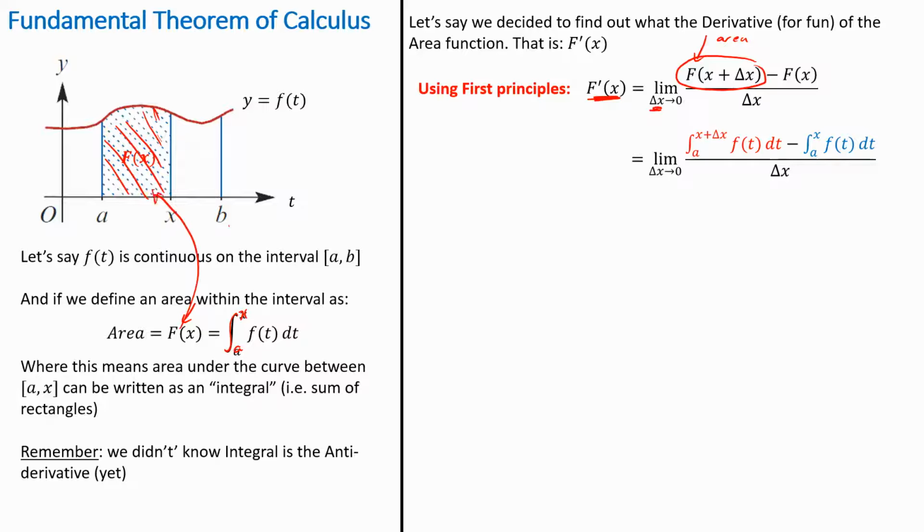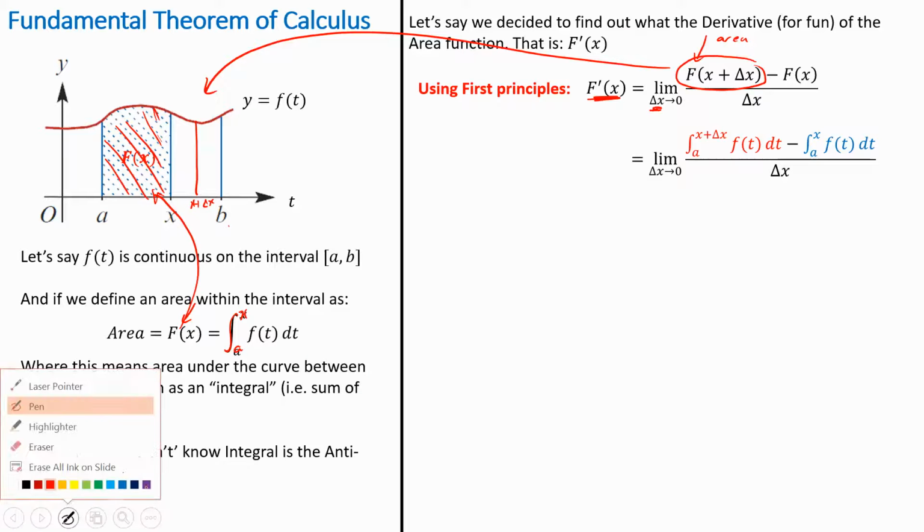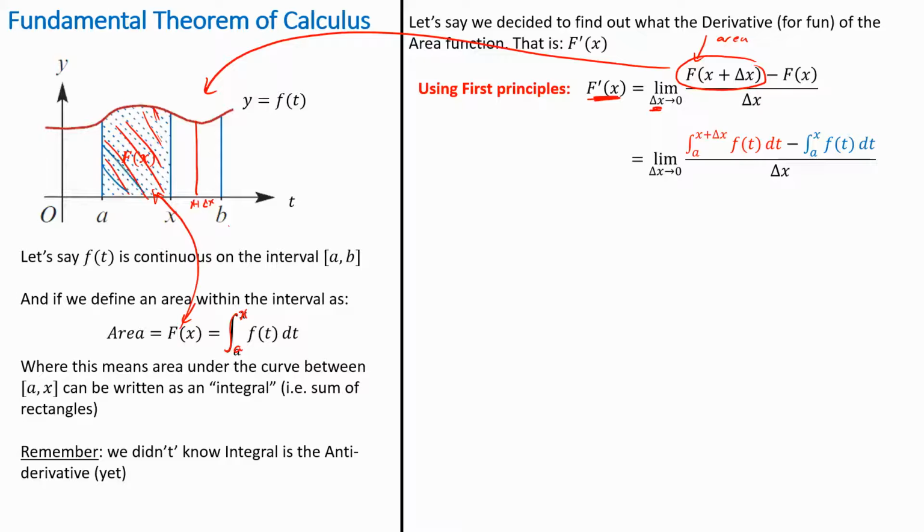So then what I'm saying now is that if we just added x plus delta x, we are now finding the area, I'm going to color it in blue, of that section. Okay? So if you think about it, if I took the blue region, which is f of x plus delta x, minus the area of f of x, that's what I'm really saying here.